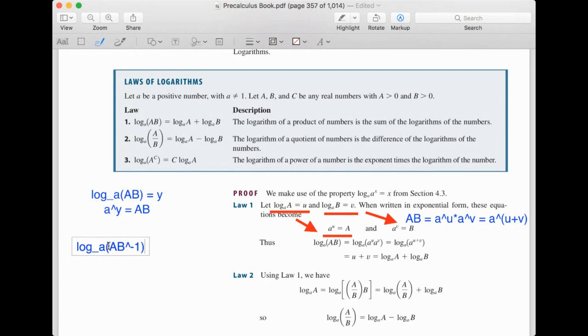Then we can use the first one. So then we can split this term into log base a of A plus log base a of B raised to -1, if we use the first property.